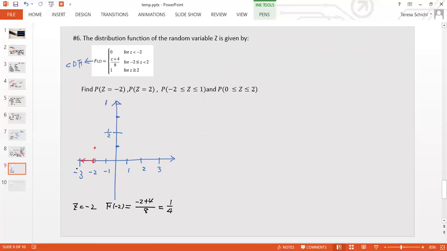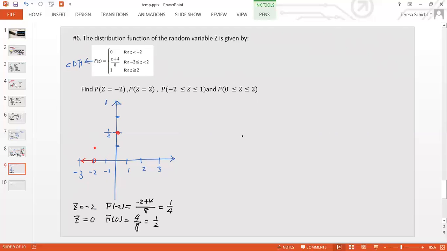Okay, let's take a look at when z equal to 0. See what my value is here. So F of 0, if you put in 0, is 4 over 8, so it's 1/2, right? So that means it's in here. Okay, now let's take a look at the other end, positive 2.